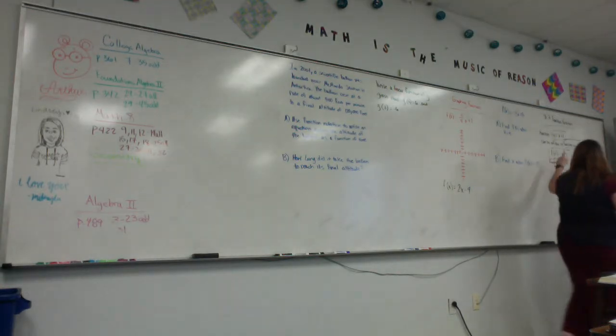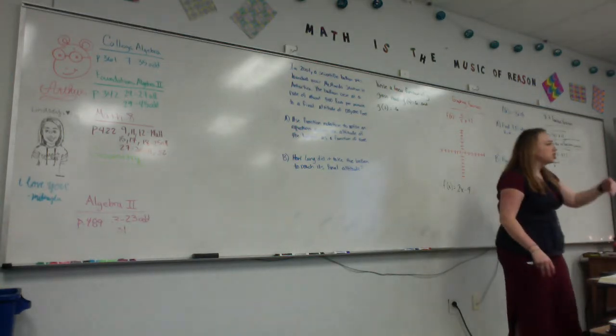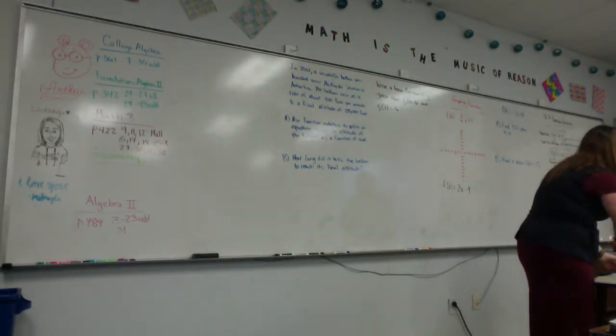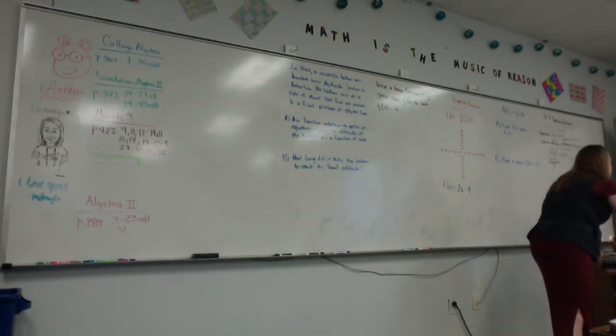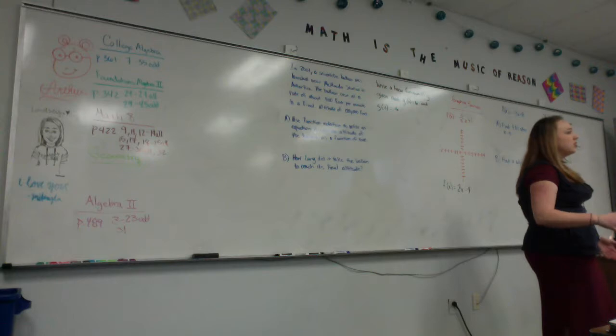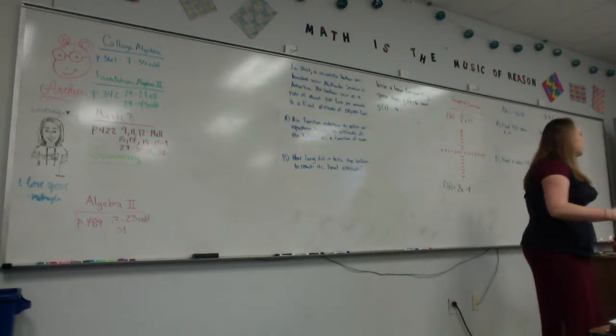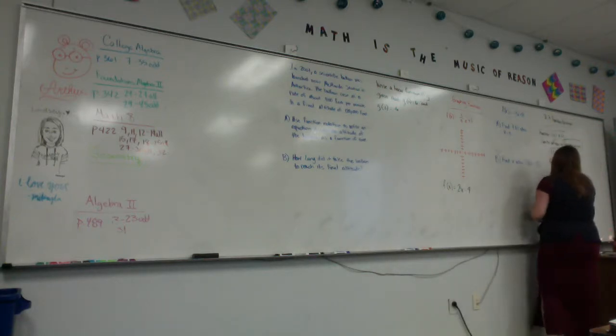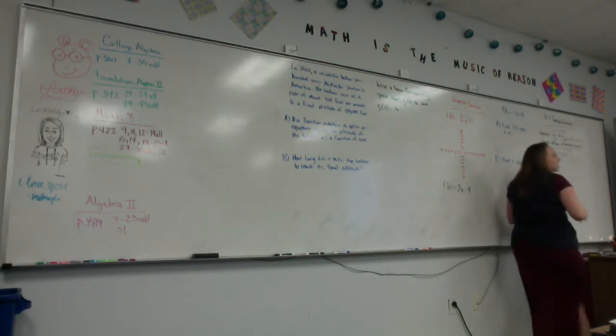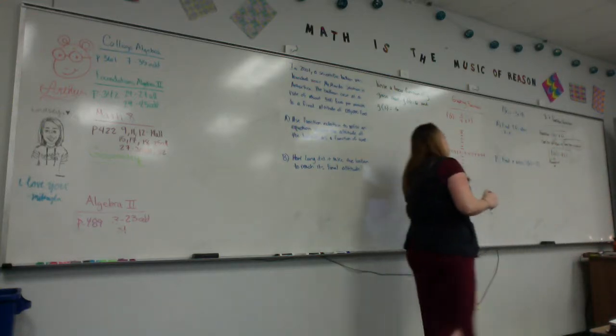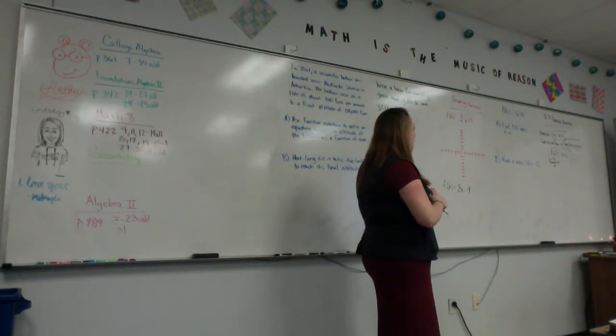When it's in f of x equals, it's in function notation. That's the only difference. You still apply the same rules when you go to graph. This is still my slope, whatever is in front of here. This is still my y-intercept. It's just changing what type of form I write something in.